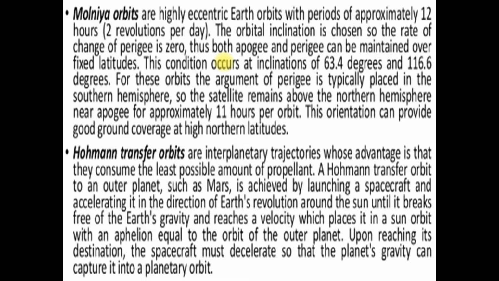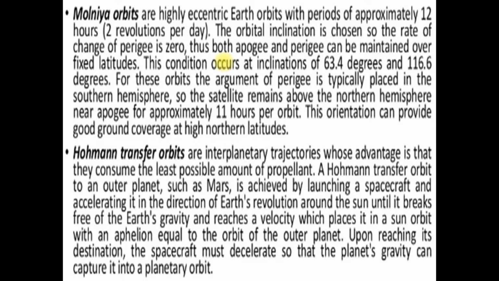This condition occurs at inclinations of 63.4 degrees and 116.6 degrees. For these orbits, the argument of perigee is typically placed in the southern hemisphere, so the satellite remains above the northern hemisphere near apogee for approximately 11 hours per orbit. This orientation can provide good ground coverage at high northern latitudes.